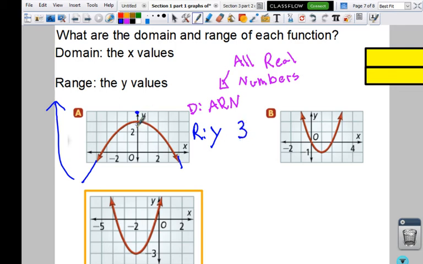Are all my y's greater than or less than 3? Less. So I'm going to say my range is y is less than or equal to 3, because every y at 3 or less, I will get to eventually.